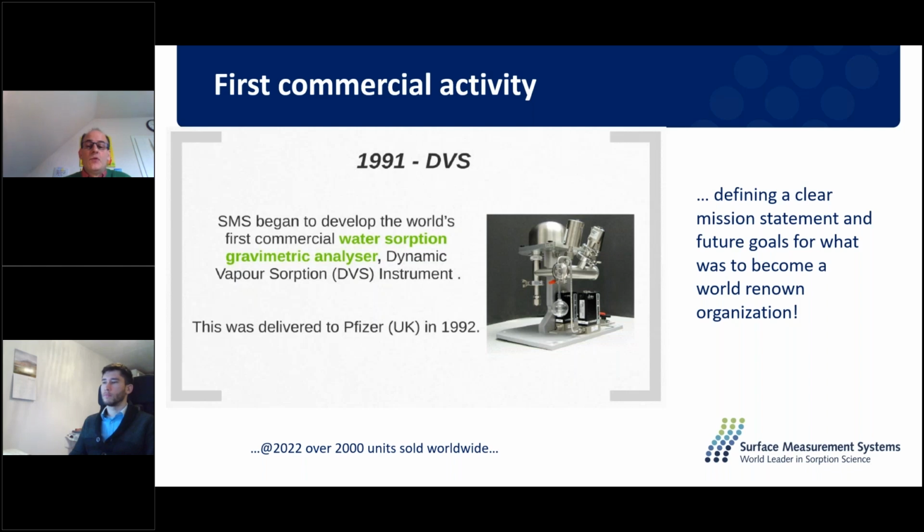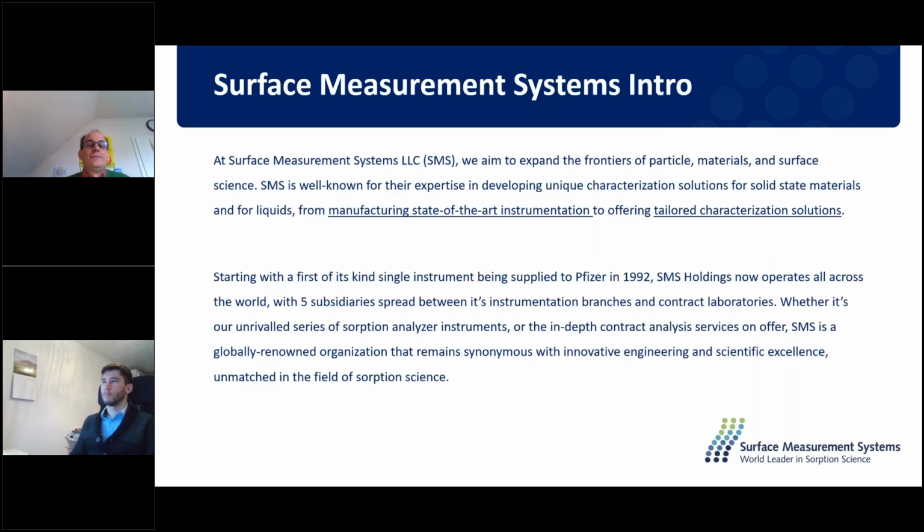At that time, there was a real need for a more accurate instrument to measure sorption and sorption kinetics, and automated instruments. Today there are more than 2,000 units sold worldwide.